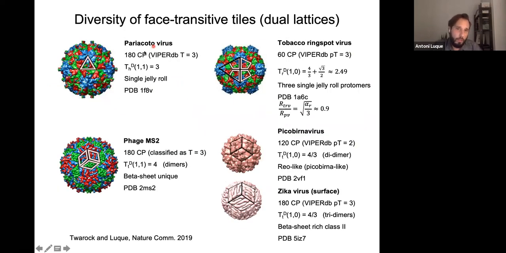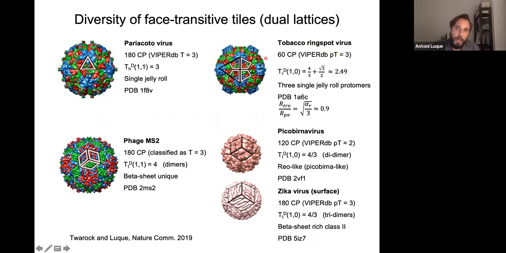So Pariacoto virus was a T3, 180 proteins, and now we have that it is a hexagonal dual, everything adds up. What I want to point out is that the capsid protein fold of this virus is a single jelly roll, okay? And that's something that we will compare with tobacco ringspot virus, which was our controversial T3.